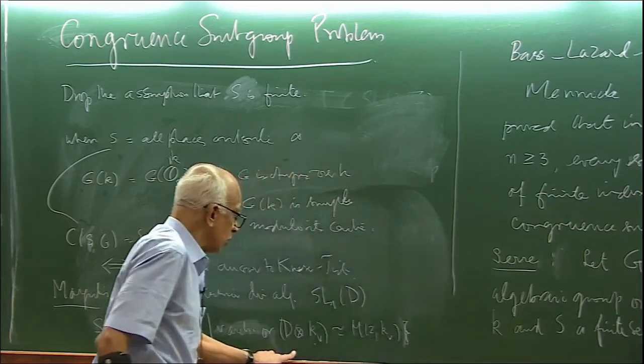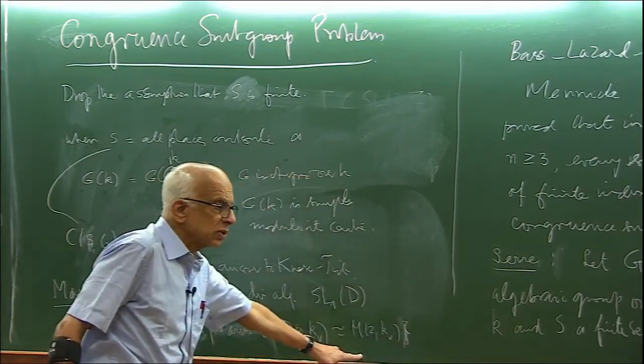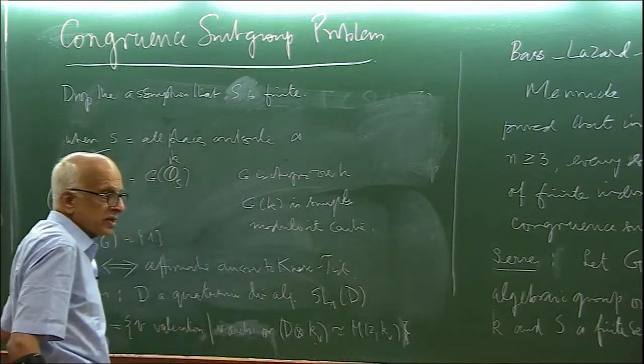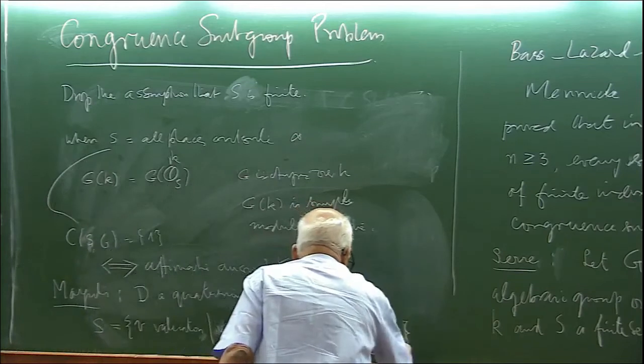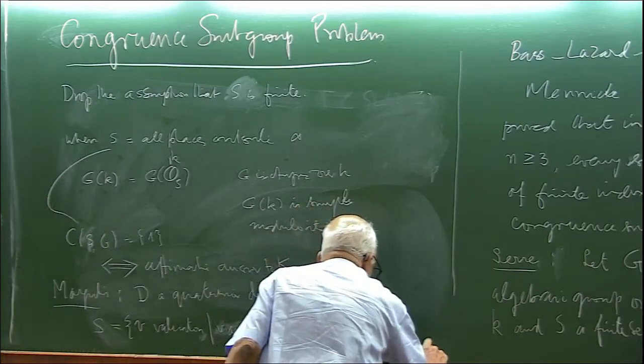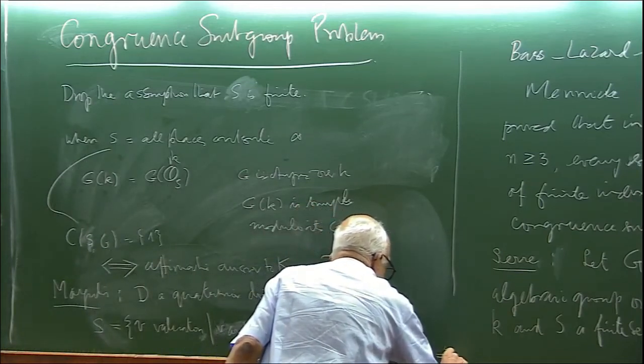This happens for almost all V, so the complement of S is finite. That's the situation you're in. In this case, he showed that this implies CSG is trivial.